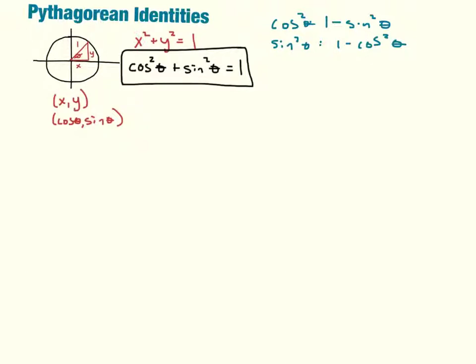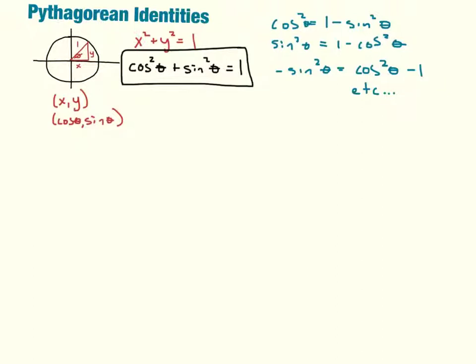I could keep going. I could say negative sine squared theta is equal to cosine squared theta minus 1, just from subtracting the sine squared theta and subtracting the 1. So you can just keep going and going with these, but they're all based on this identity.